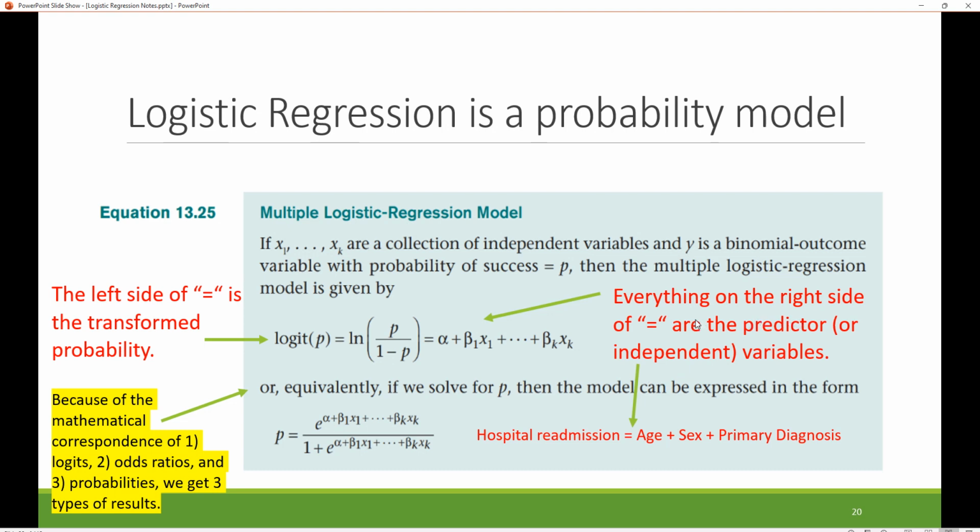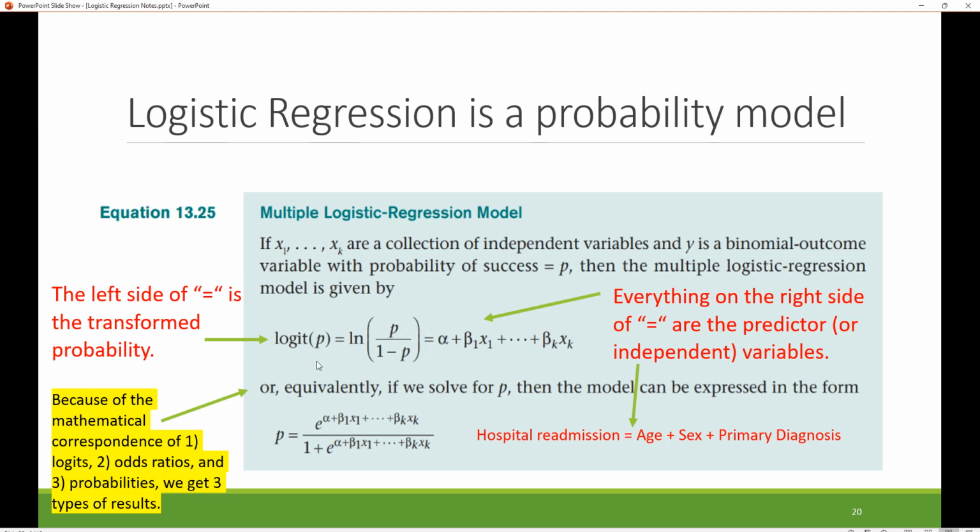Everything on the right side of this last equal sign are the predictor or independent variables. So if you've used multiple linear regression before, that right hand side looks identical to what you've used in the past.